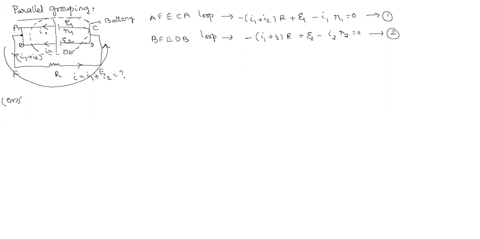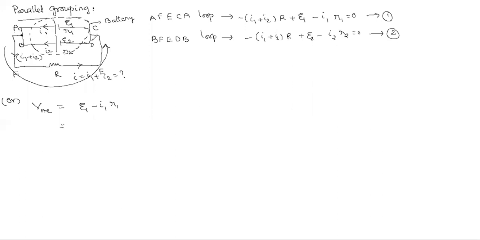Or can I write here the potential difference between A and C, V between A and C, that equals to, can I write E1 minus I1 R1? Why? Because this is discharging. Yes, correct, sir. Nana? Yes. And that is equals to, again between A and B, nothing is there, Nana.